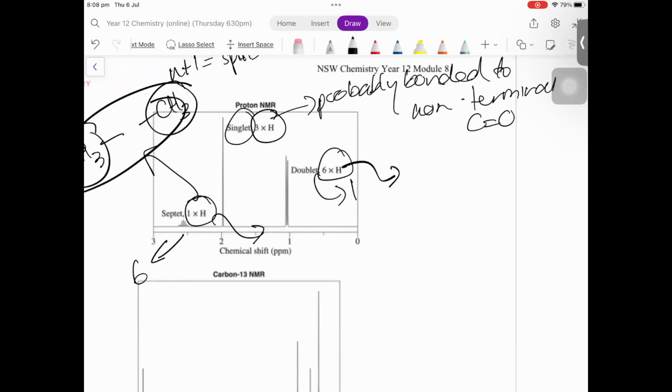Just to reiterate, unless it's methane, you only have a maximum of 3 hydrogens on a carbon, which means if there are 6 hydrogens that show the same signal, that probably tells me there are 2 methyl groups that have the same environment. Can I get a thumbs up to confirm that makes sense as well? 6 hydrogens, same chemical environment, maximum 3, which probably means that there are 2 different methyl groups that have the same chemical environment and show the same signal.